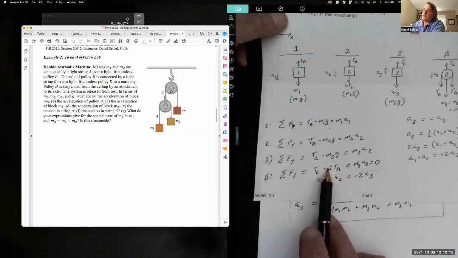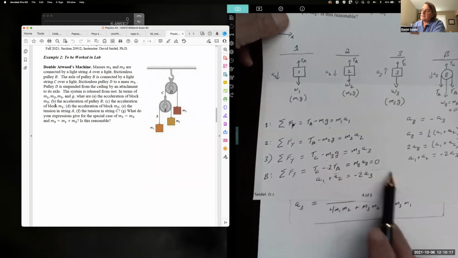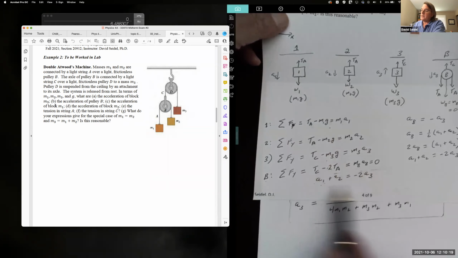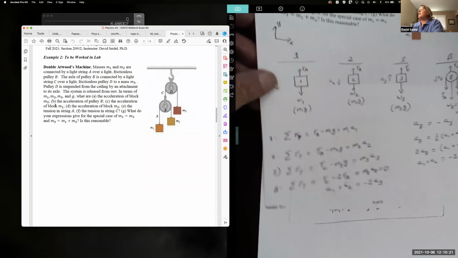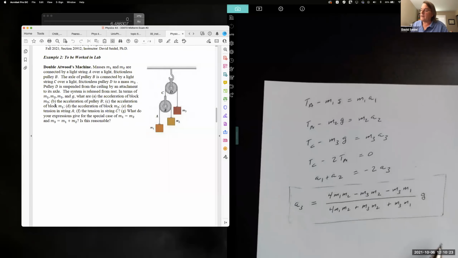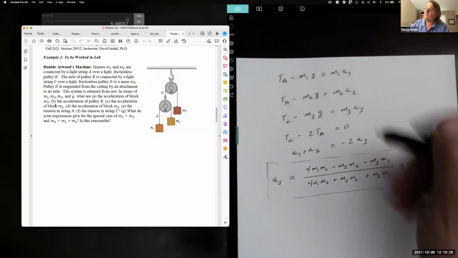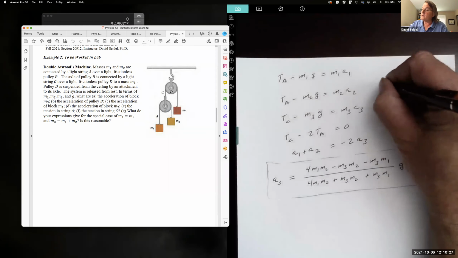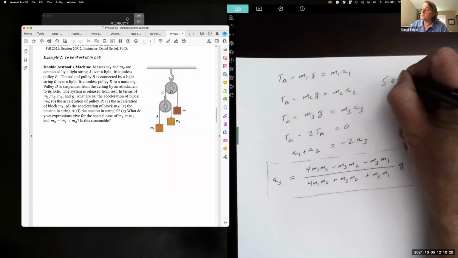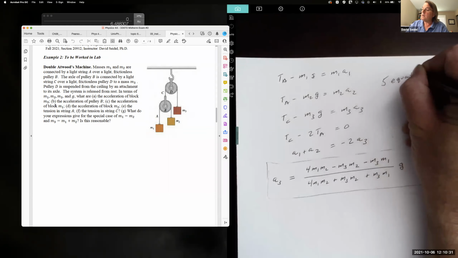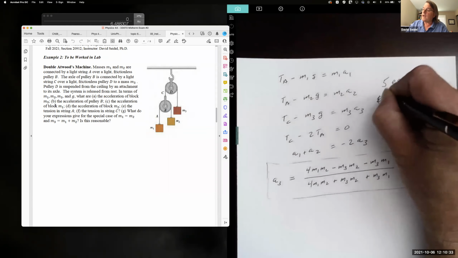This gave 4 equations and 5 unknowns. I still needed that relationship between the accelerations to get a 5th equation to handle the 5th unknown. Here's my 5 equations and 5 unknowns.